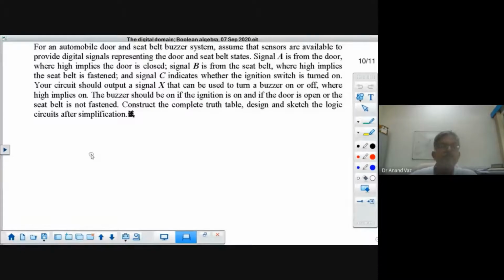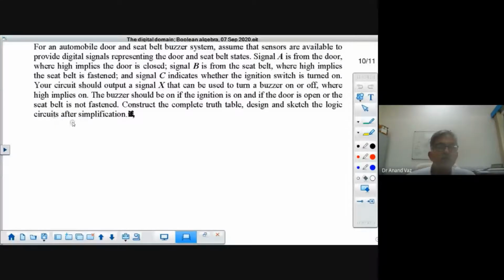So here we have an automobile door and seat belt buzzer system. For that, assume that sensors are available to provide digital signals representing the door and seat belt states. Signal A is from the door. So let us consider the inputs.